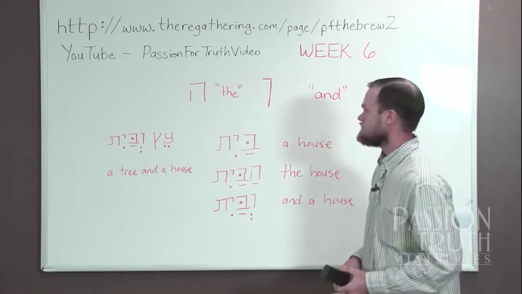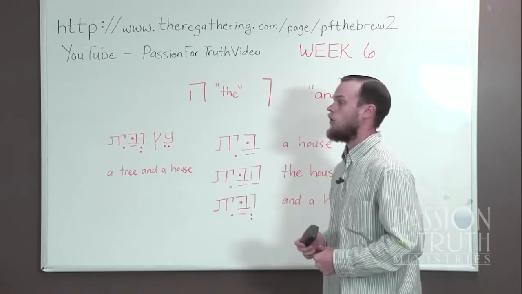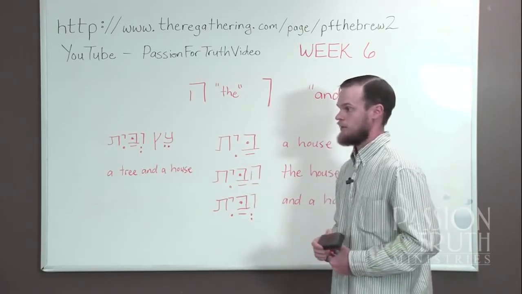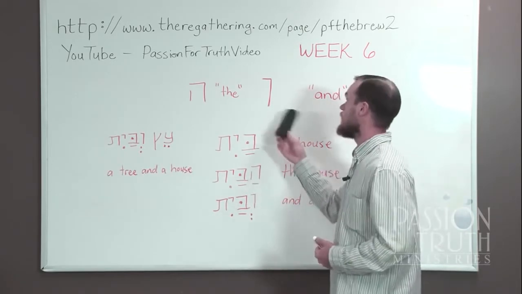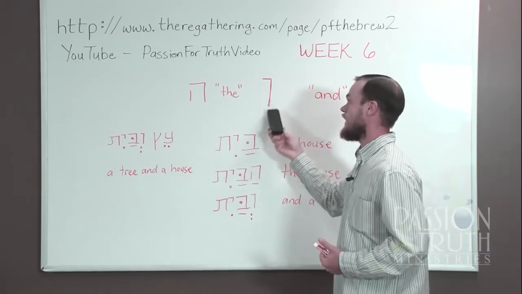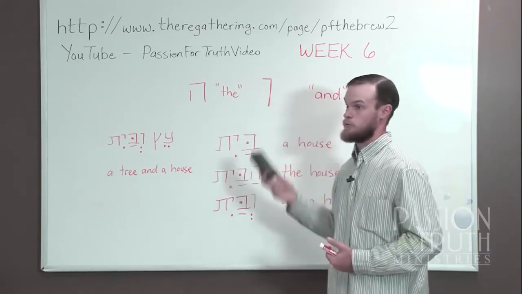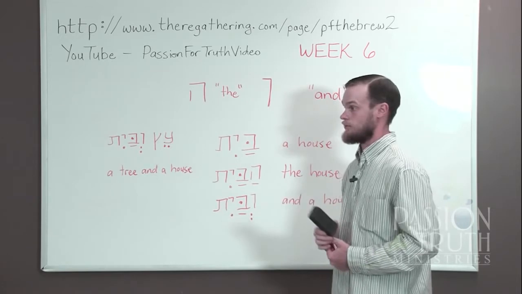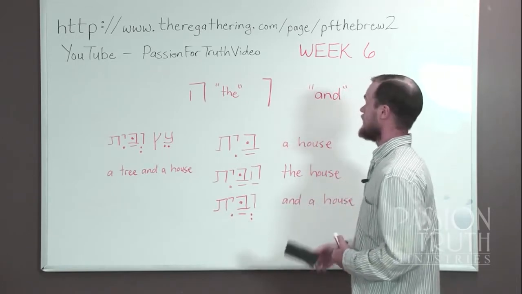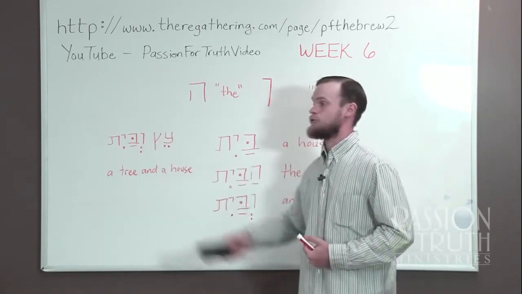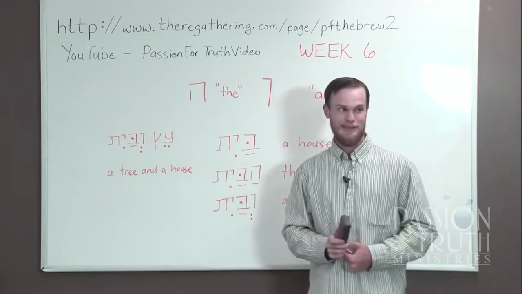Okay? You will see this all over the place. The vav is the most common letter in the scriptures. You see a vav more than any other letter. And the reason for that is because it's used as "and" so many times.